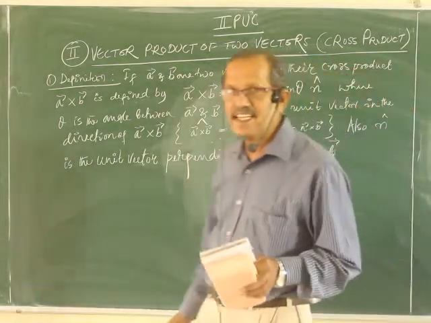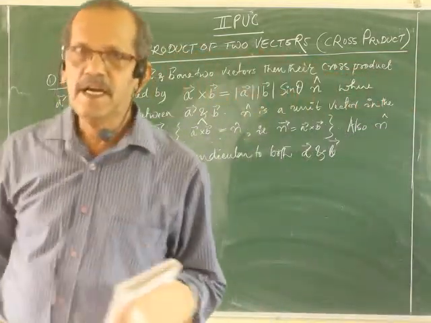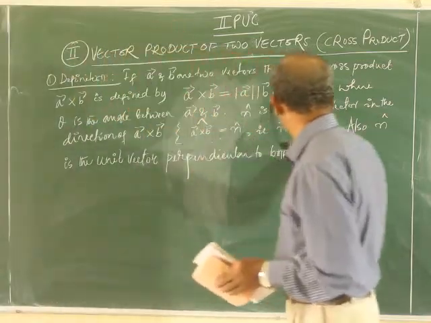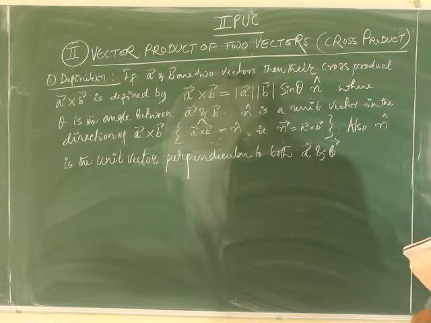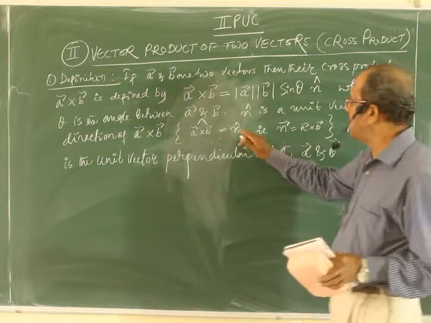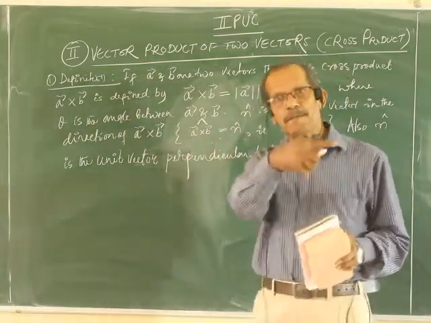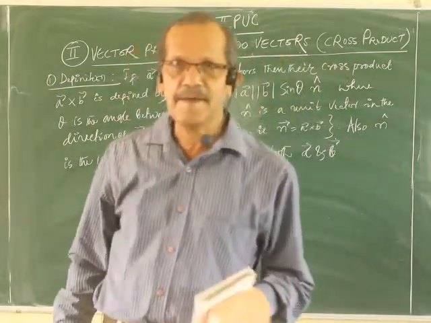Not only is it in the direction of A cross B, but it is perpendicular to both A and B. Whatever may be the plane containing A and B, that n cap is perpendicular to that plane.